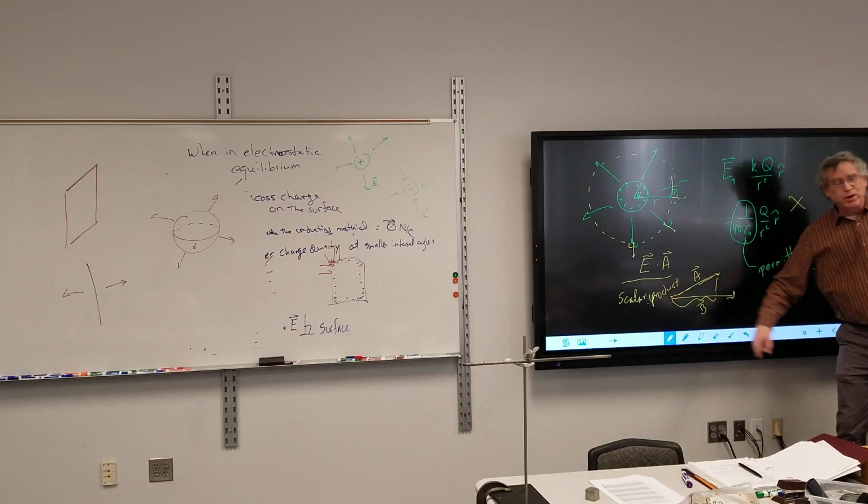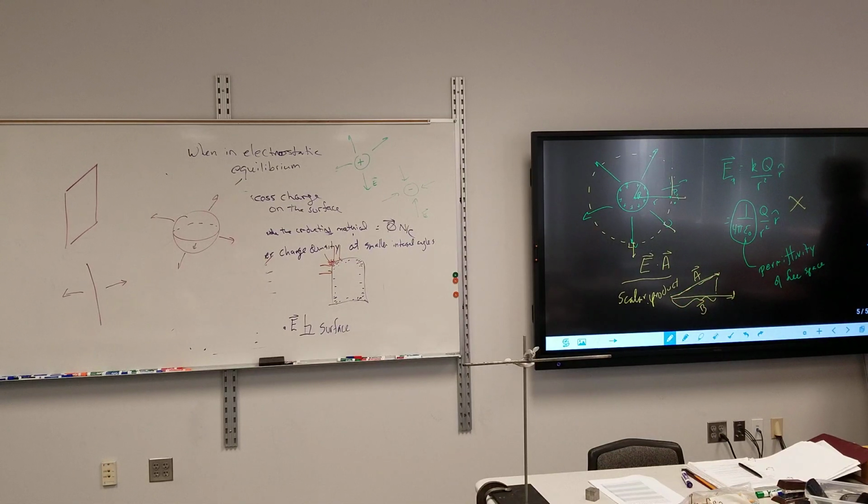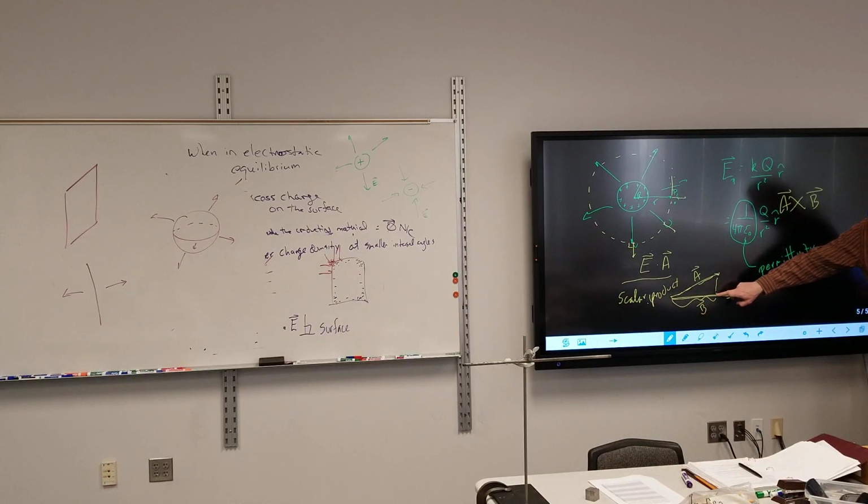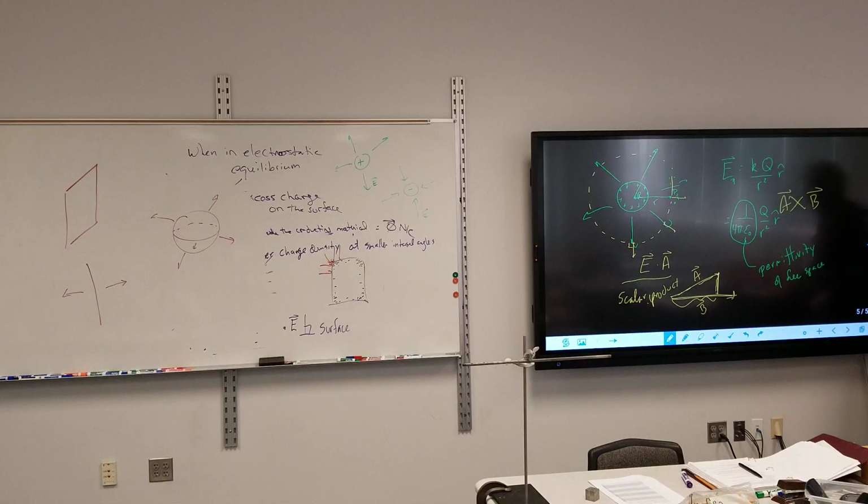Dot products are scalar products, cross products are vector products. So this will have a direction if I do a cross product, A cross B. I multiply the perpendicular parts, so I would multiply this length right here and the perpendicular part to get the cross product. And then the direction, right hand rule, don't worry, we'll do plenty of right hand rules later on.